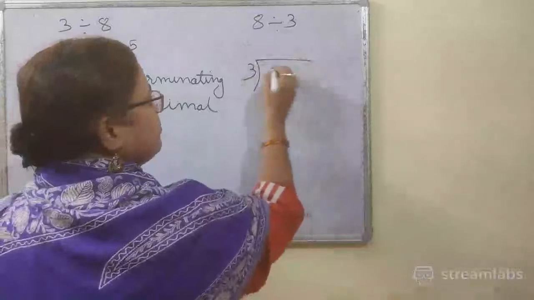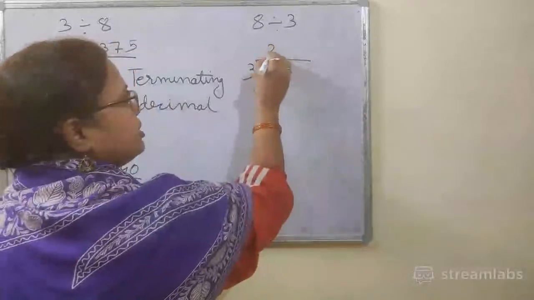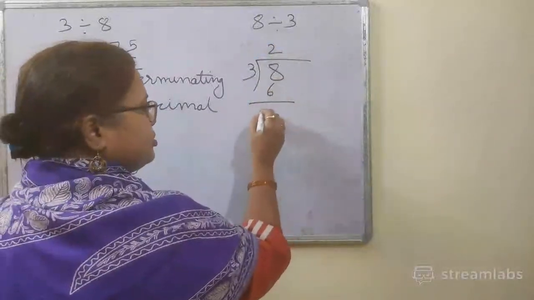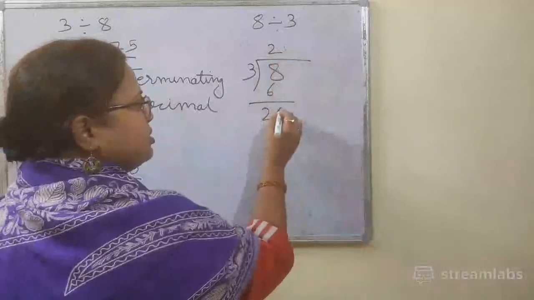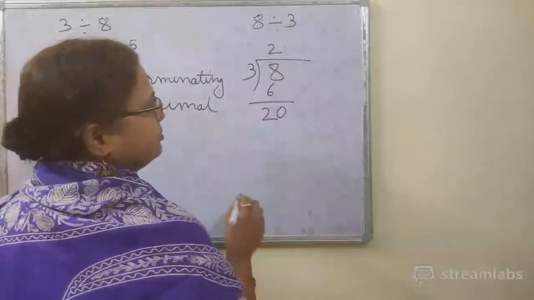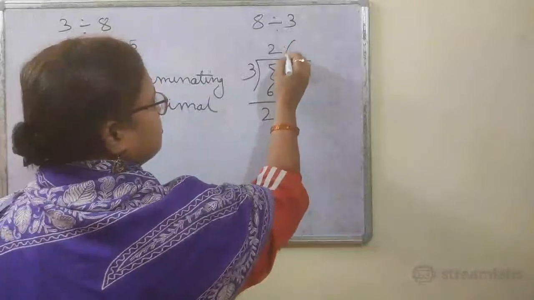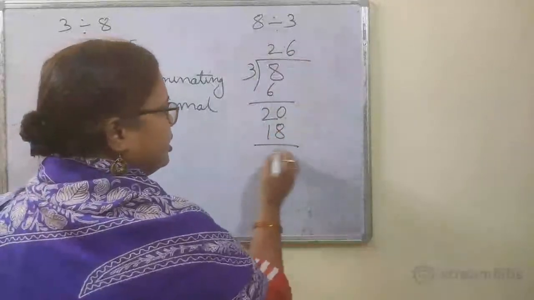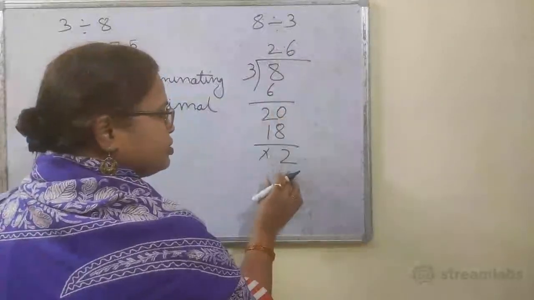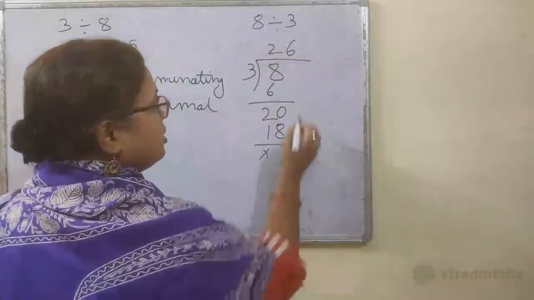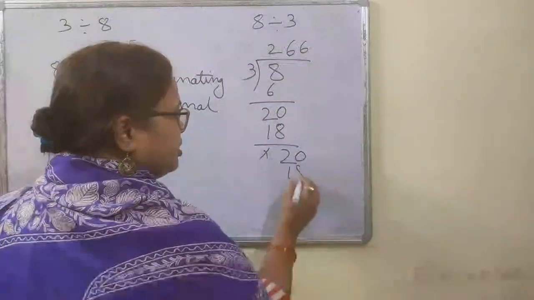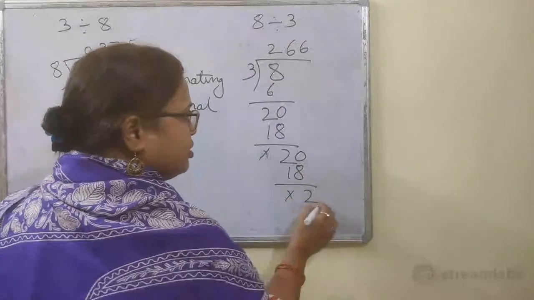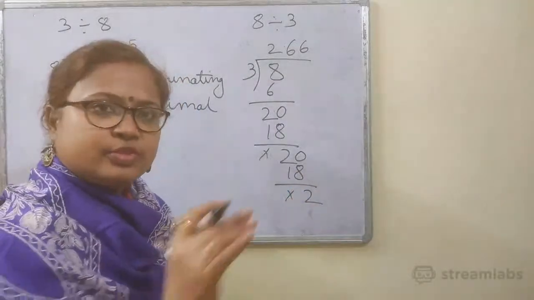Now let's divide this one. How many times? 2 times 6. Then 2 here. Put decimal, 0. How many times? 6. Again the remainder is 2. Again 0 here. How many times? 6. Again the remainder is 2.